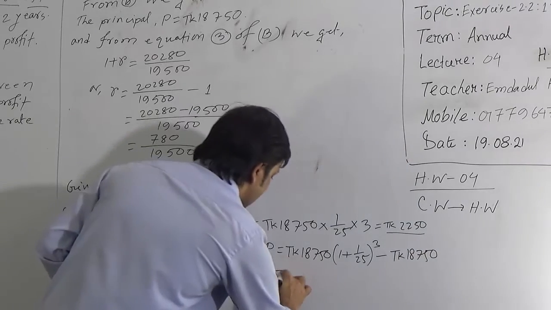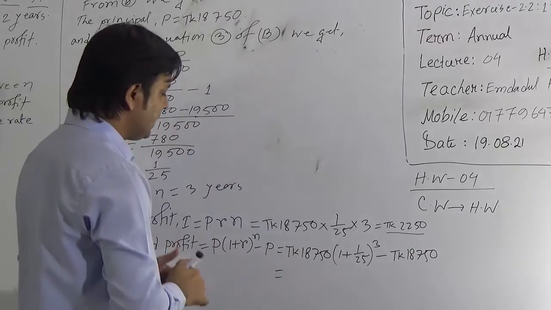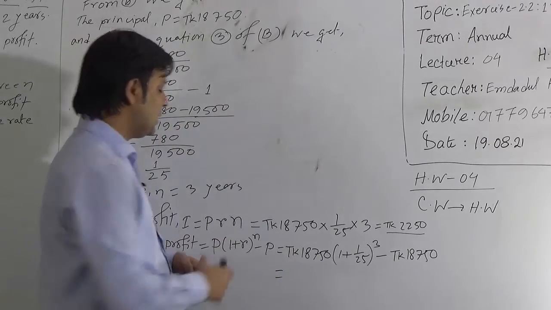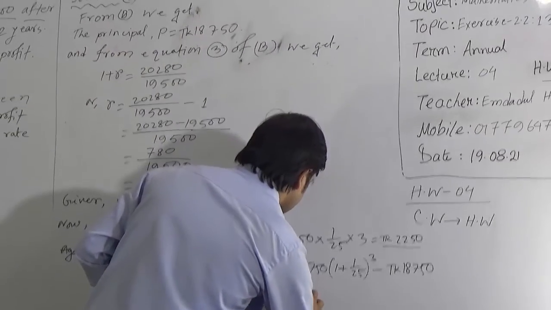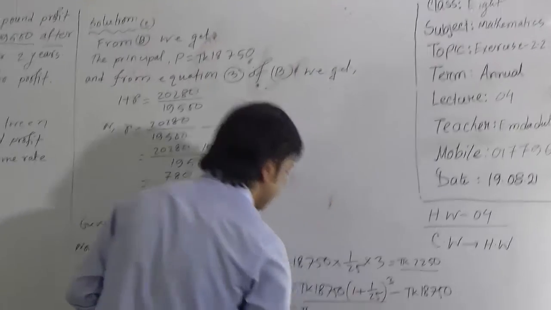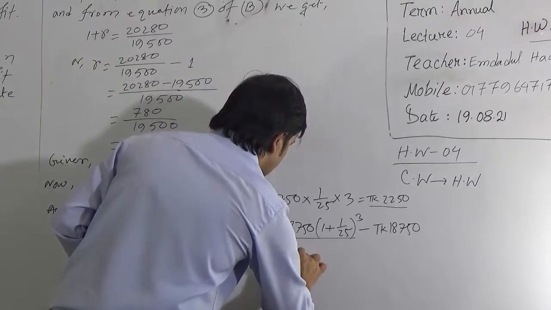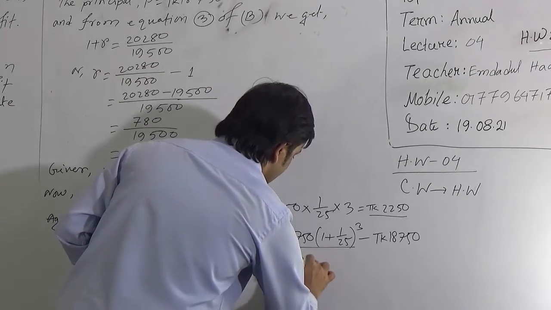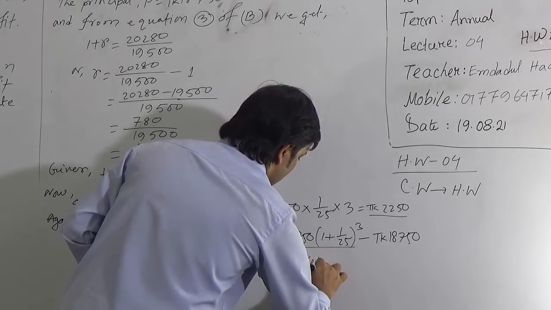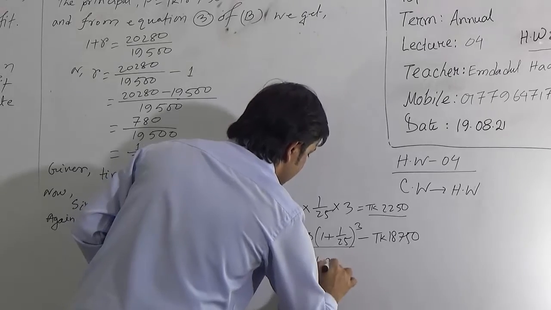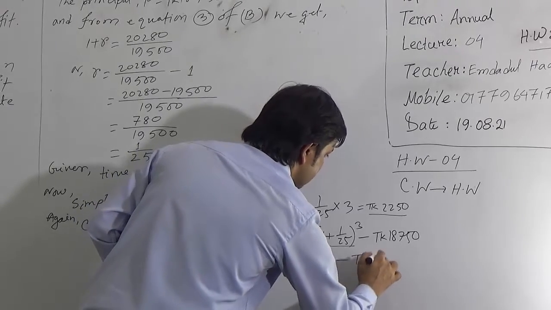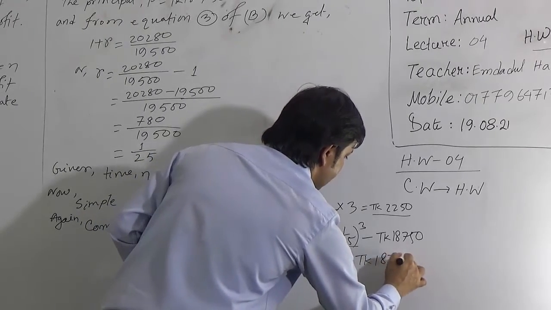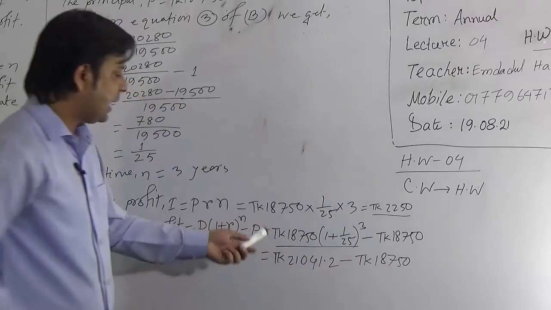Now if you calculate, you will get taka 21041.2 minus taka 18750. You can check the calculation.